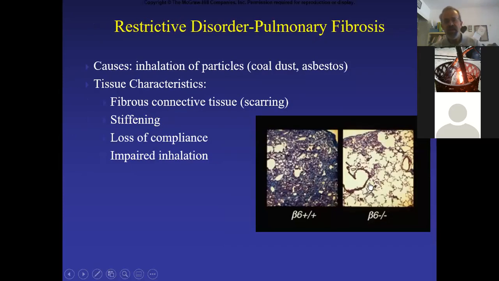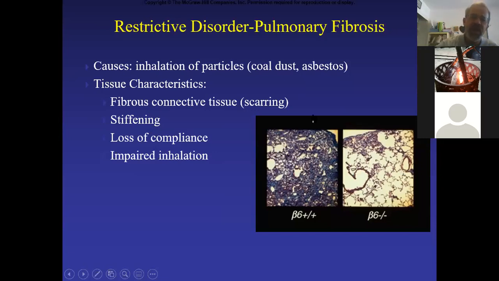All right, so let's take a look at one restrictive disorder. This is called pulmonary fibrosis. This is sometimes known as black lung, people who worked in the coal mines. But it's not just those people. If someone is exposed to a lot of asbestos, which of course causes a whole slew of problems, but at least in this case, it's ultimately due to inhaling a lot of excess particles.